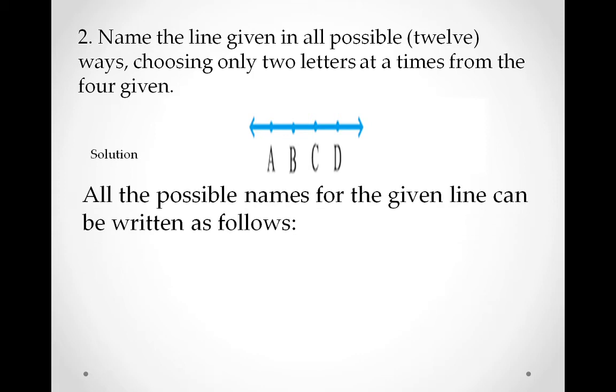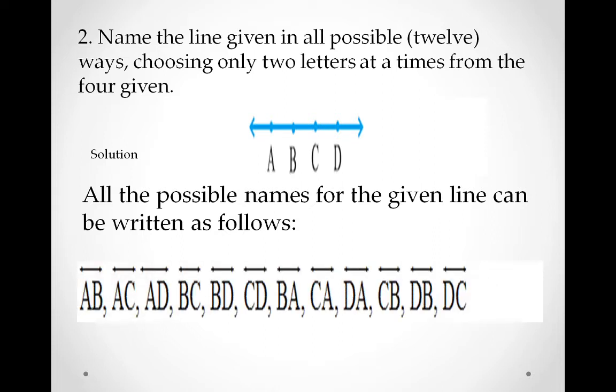All the possible names for the given line can be written as follows: line AB, line AC, line AD, line BC, line BD, line CD, line CA, line DA, line CB, line DB, line DC.